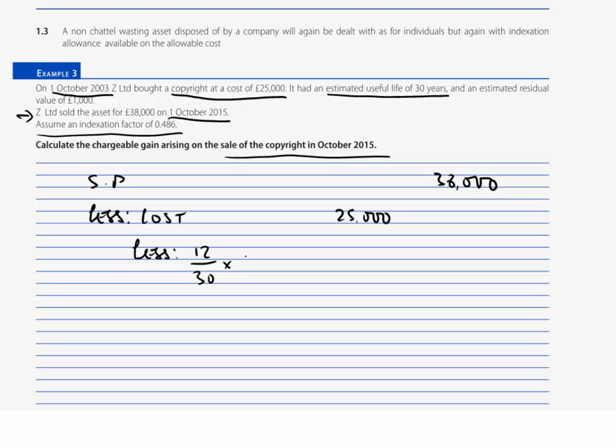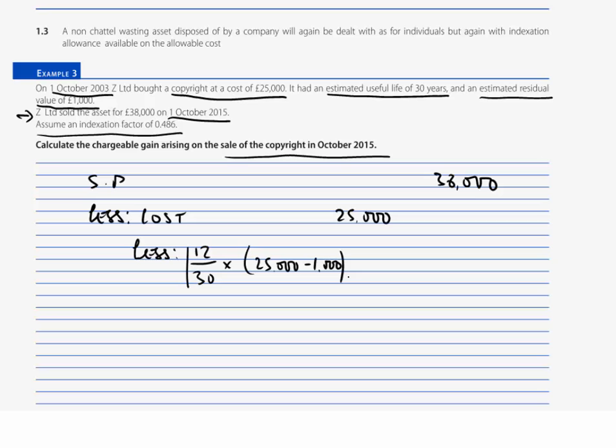Now, there's the original cost, which this calculation is based on, but there's one other factor that's crept into this. That, at the end of the life of this asset, it's got an estimated residual value of £1,000. Therefore, instead of just being 12/30ths of £25,000, the original cost is 12/30ths of 25,000 minus that residual value of £1,000.